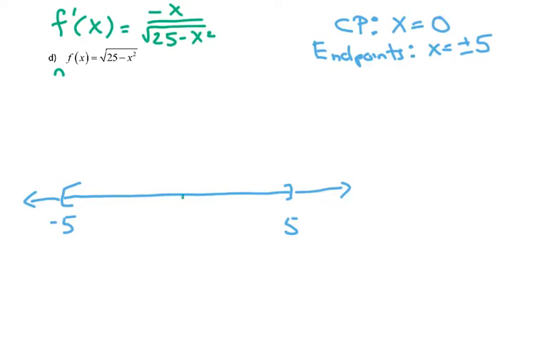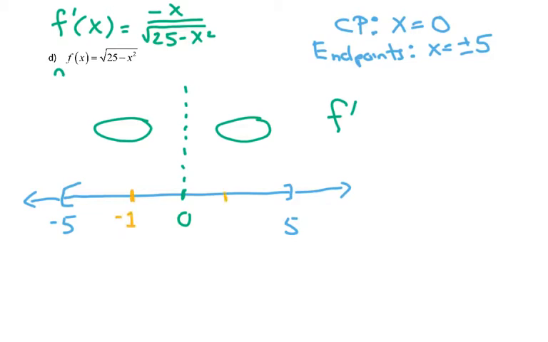And 0 is right here in the middle. That's a critical point. So I need the sign of the derivative on either side of x equals 0. So let's test negative 1 over here and positive 1 over here.